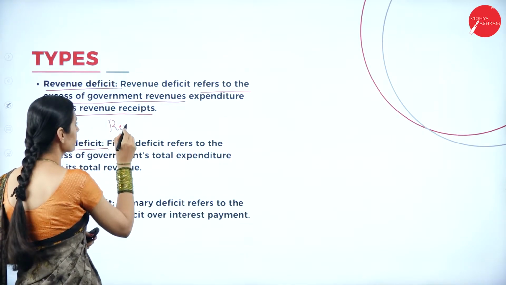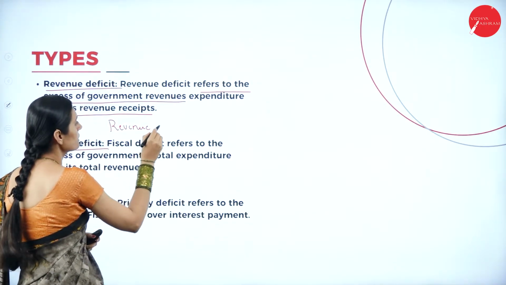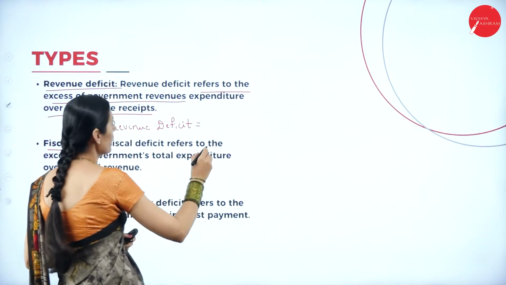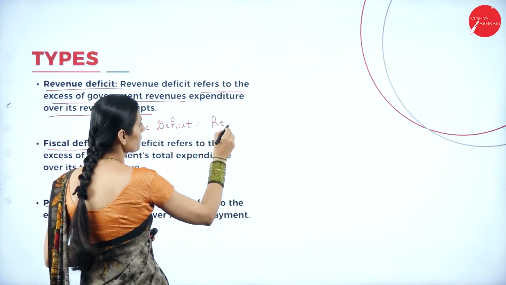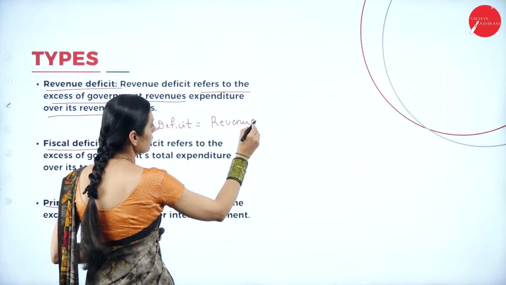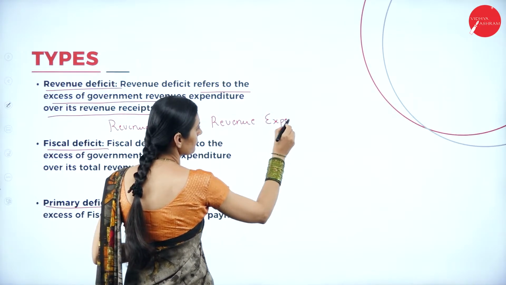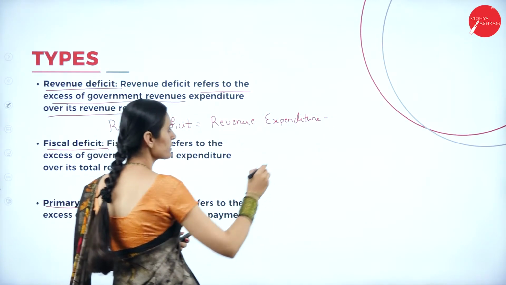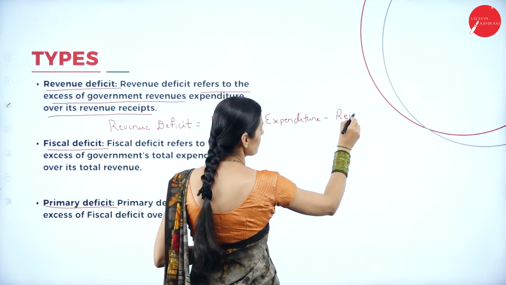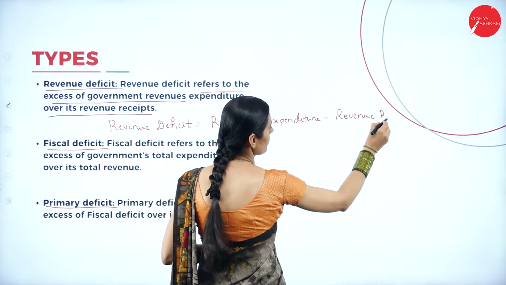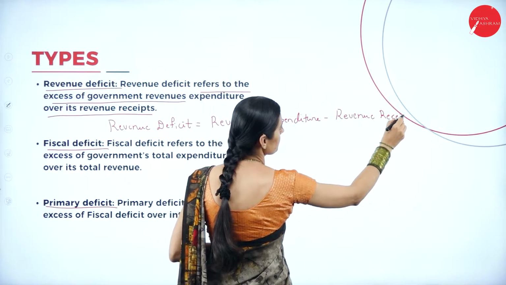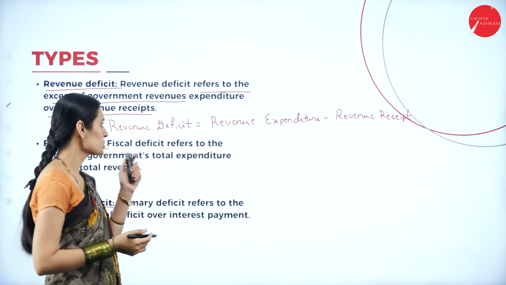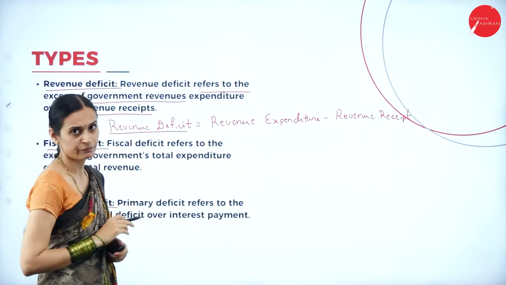Revenue deficit equals revenue expenditure minus revenue receipt. So it is denoted as revenue deficit.